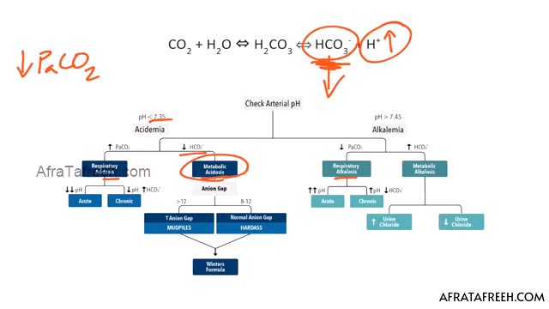If too much non-volatile acid begins to accumulate in the blood, then it will rapidly consume the bicarbonate buffer, and there will be excess free hydrogen ions, which will lower the pH and cause an acidosis. Let's say the patient has diarrhea and is losing excess bicarbonate. Again, the decreased bicarbonate means there is more free hydrogen ions, which will lower the pH and cause an acidosis.